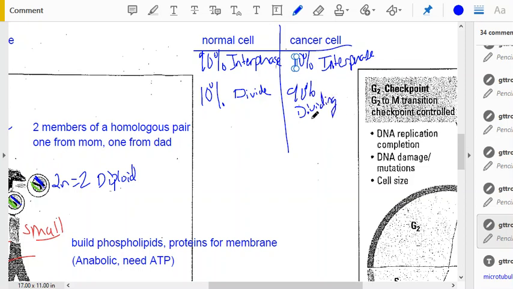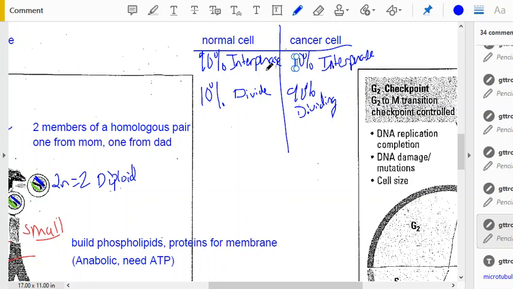The first is that if you're dividing so much, you're not doing your job. Right? So the cell just by default isn't working at making insulin or glucagon or whatever it's supposed to do because it's dividing too much. The second thing is that when cancer cells divide and they're pushing up against other cells, they disrupt their adjacent cells' ability to do their jobs. And this is part of the reason why when you have cancer you get so sick.